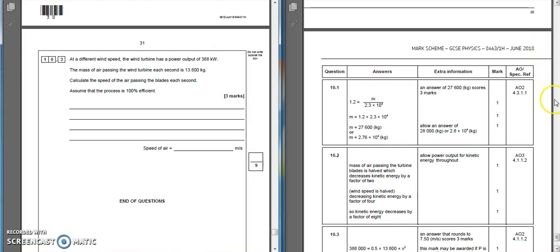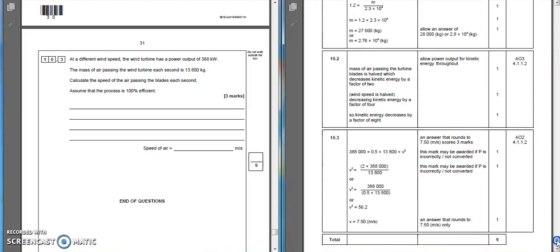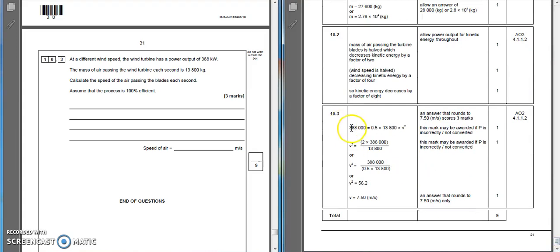So let me just move my mark scheme down so we can catch up to where I'm talking about. So that's where this number comes from. The kinetic energy is a half times the mass times the v squared. So 388,000 is the joules that we just worked out, is equal to a half times by the mass, which is given to you here, 13,800, times by v squared.